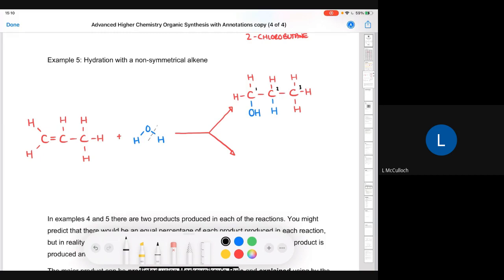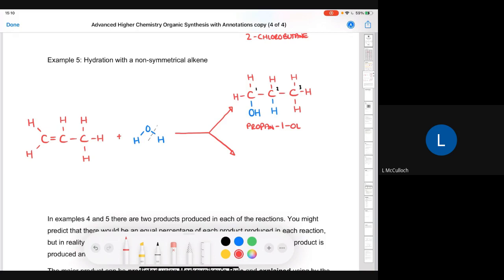So the hydroxyl group is on the first carbon. There's 3 carbons in the chain. So we are going to call that alcohol propan-1-ol. Okay.